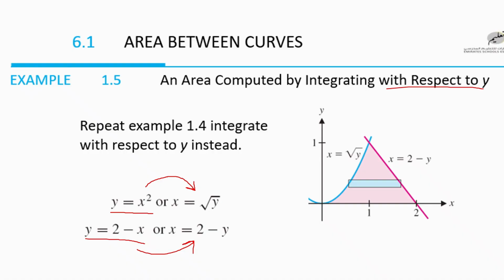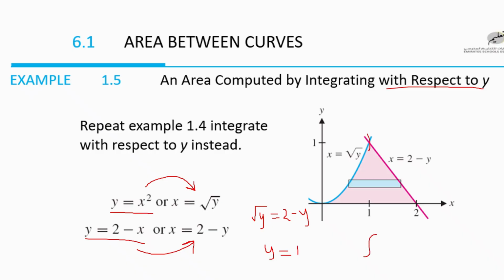Now to find the intersection point, let's equate root y with 2 minus y. You'll be getting two values, 1 and 4. But 4 is crossing 2, that's why we'll accept only 1. Now let's integrate.